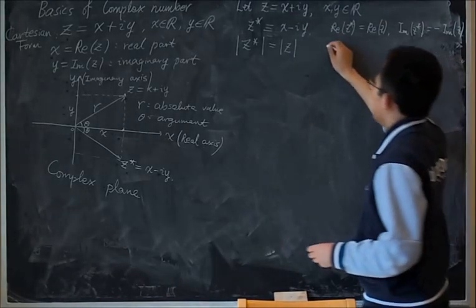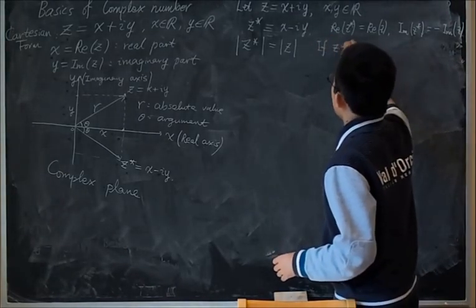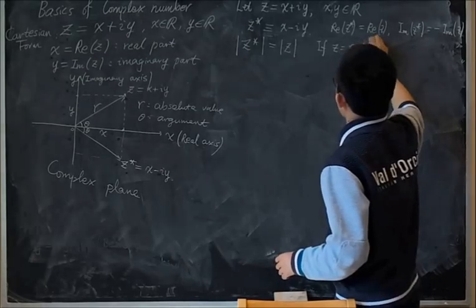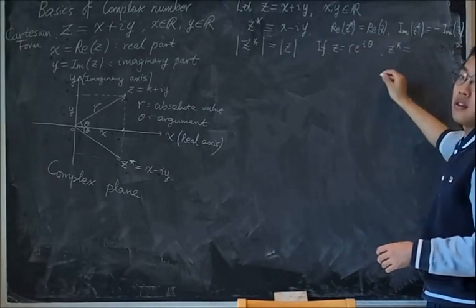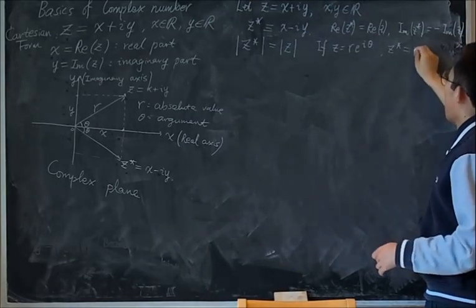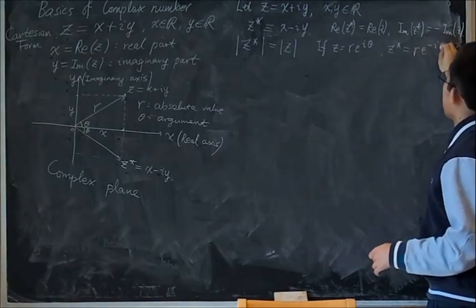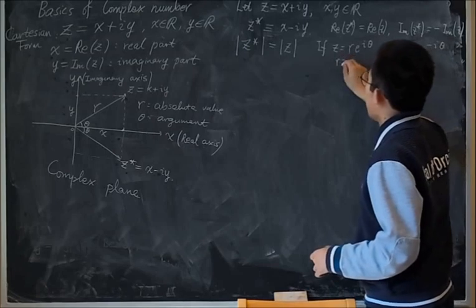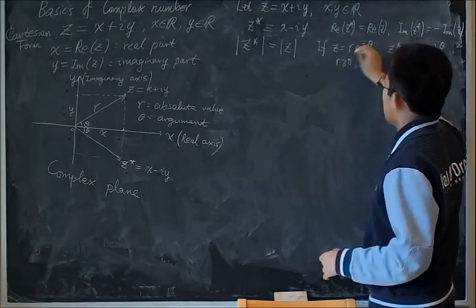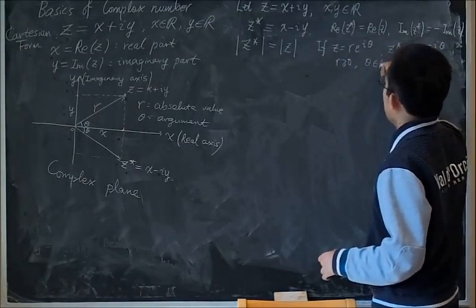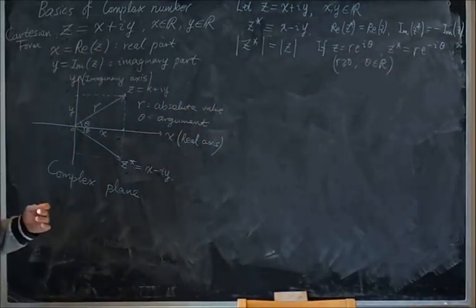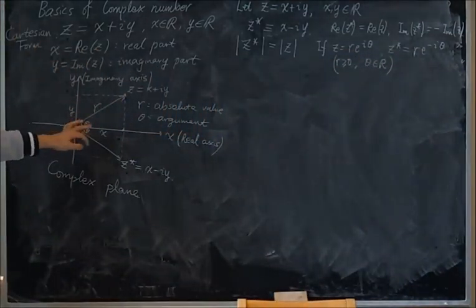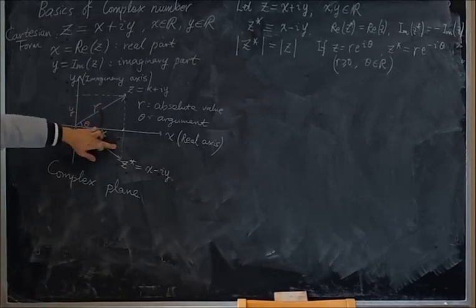And if z equals r e to the I theta, then z star is what? z star is actually r e to the negative I theta. Of course, here r is a non-negative real number, theta is real. So this is the polar form, right? We can read this from the geometrical plot. If the theta goes this way, the negative theta goes the opposite way.